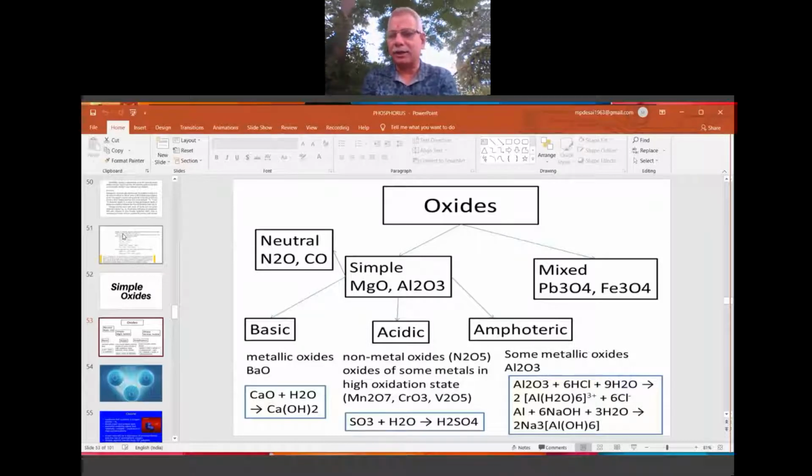They are normal oxides, simple oxides, on the left side. Whereas on the right side, mixed oxides mean two oxides are mixed in a different proportion, and we get a mixed oxide. In the same way, Pb3O4. All those are called mixed oxides. This is one way. Another way depends upon their character, their behavior towards the acidic property.